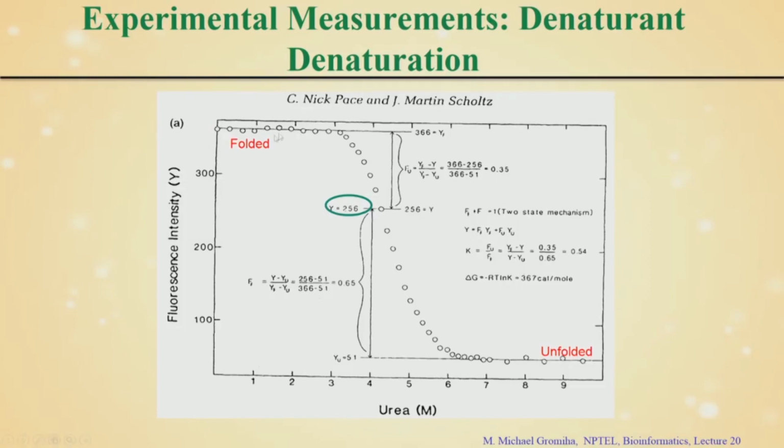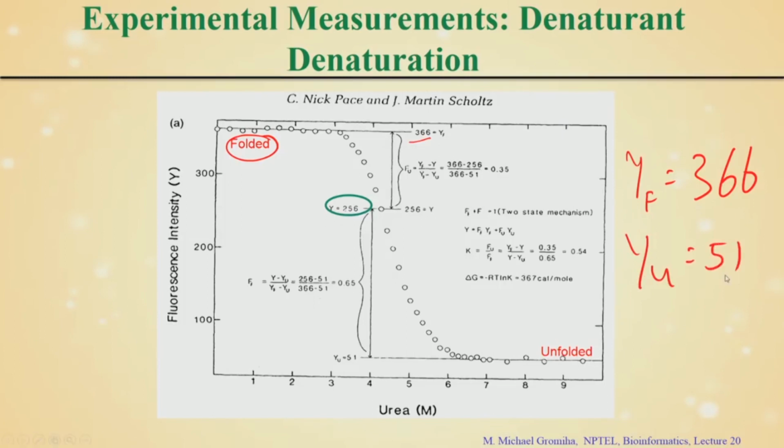This is the folded state, and slowly if you add the denaturant, it slowly denatures, and finally at this stage you can see it is completely unfolded. In the folded state the intensity is 366, called Y F, equal to 366, and in the unfolded state Y U is equal to 51.